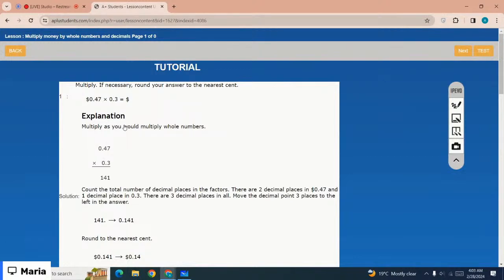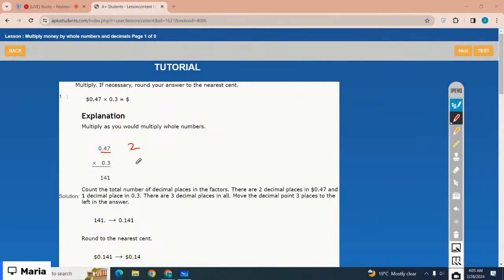The first example is you need to multiply 0.47 times 0.3, right? You can multiply them without the decimal, then you can add the decimal point. The first number has two decimal places, the second number has one decimal place. The answer must have three decimal places.